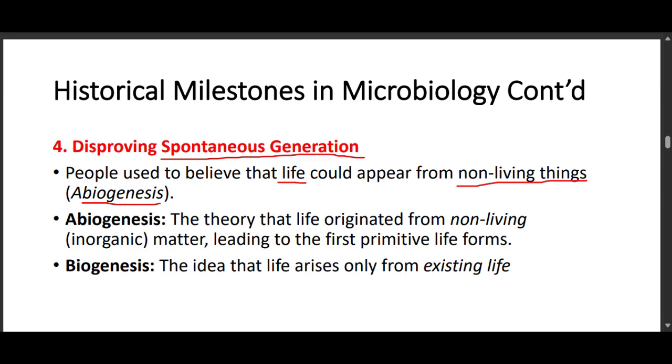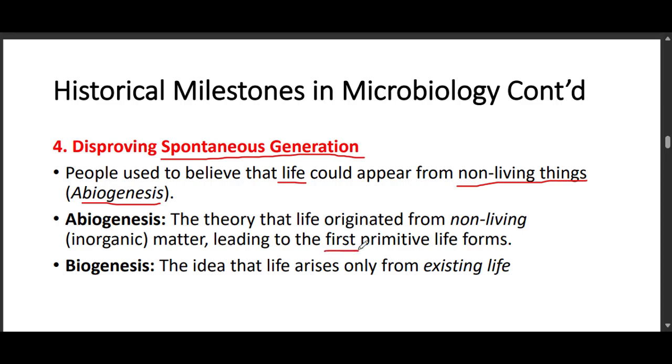So what is abiogenesis? Abiogenesis is the theory that life originated from non-living, that is inorganic, matter, which then leads to the first primitive life form.